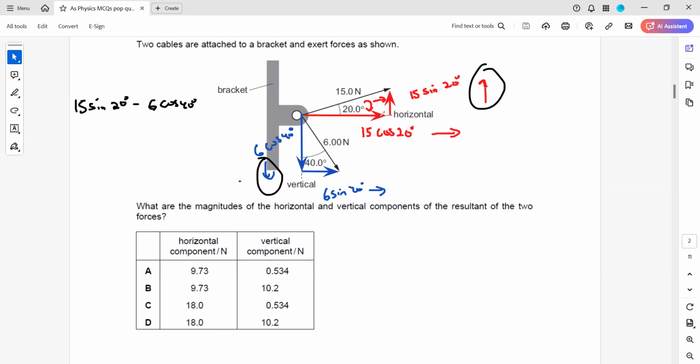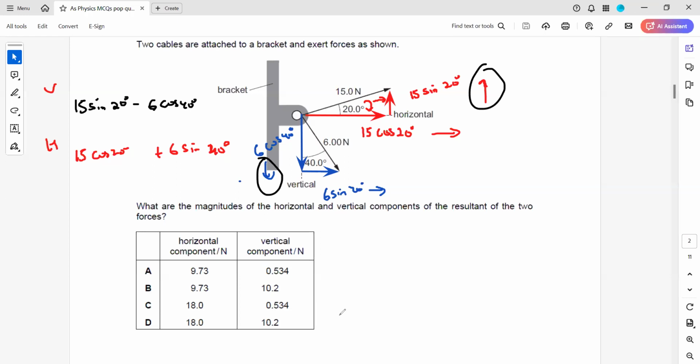What about the horizontal components? Both the horizontal components are acting towards the right hand side. So if we need the resultant, we will add them. So this will be 15 cosine 20, the horizontal component, plus 6 sine 40 degrees.